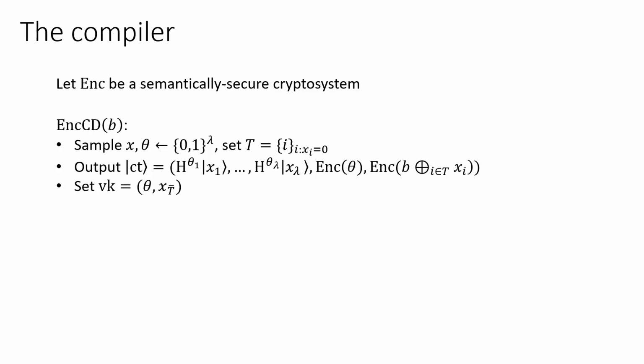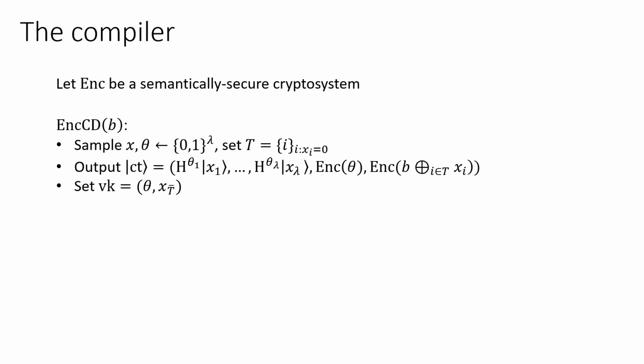They're described by X and theta, which is your choice of bases. And just for notation throughout this talk, I'll let T refer to the indices where theta_i is equal to 0. So these are the indices where X is encoded in the computational basis.